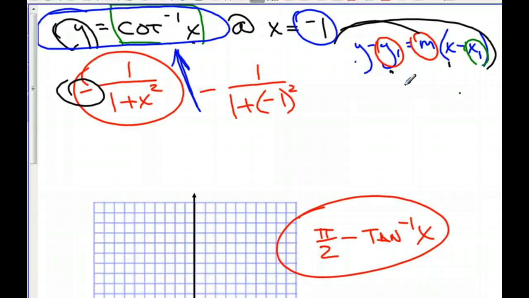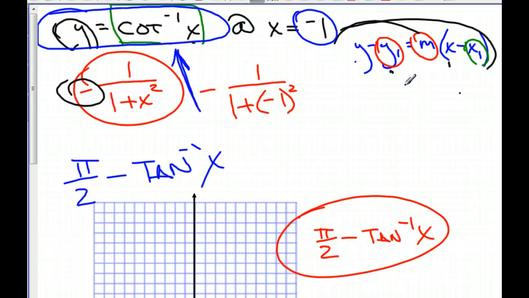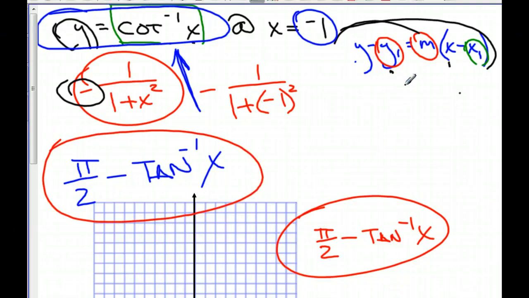We didn't do the derivative or anything, but we just changed it to pi over 2 minus the arctan of x. Okay, so now what I need to do is find the derivative of this entire thing.